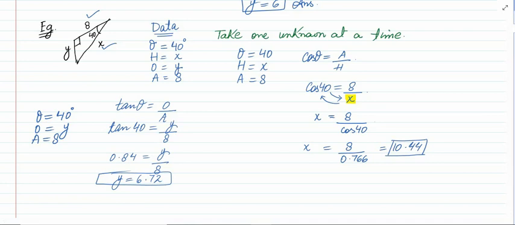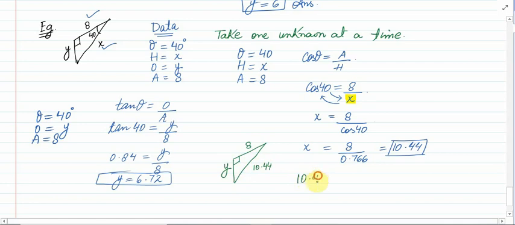Now if we attempt the same question by Pythagoras, so that is our triangle, right? This angle x, it's 8, the value of x is 10.44, and we are going to find the value of y. So Pythagoras says hypotenuse square, that means 10.44 square is equal to 8 square plus y square, right?